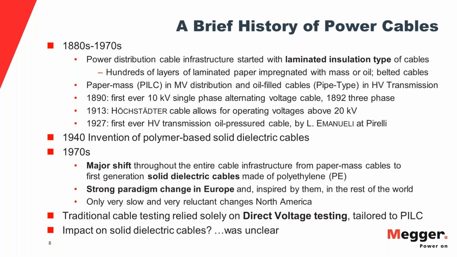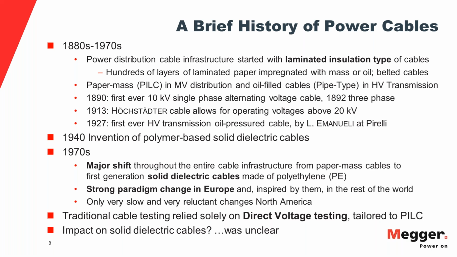And another problem for the cable infrastructure was that these belted cables were not able to exceed 20 kV. So for many years, distribution was limited to 20 kV, and the solution came from a German high voltage engineer.